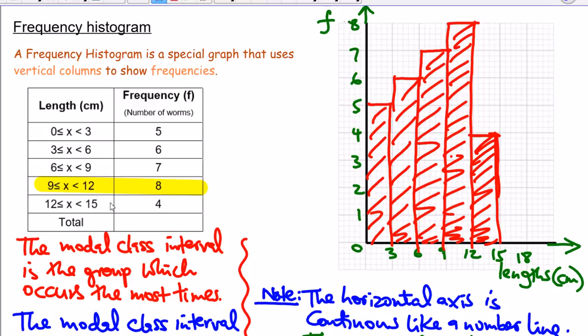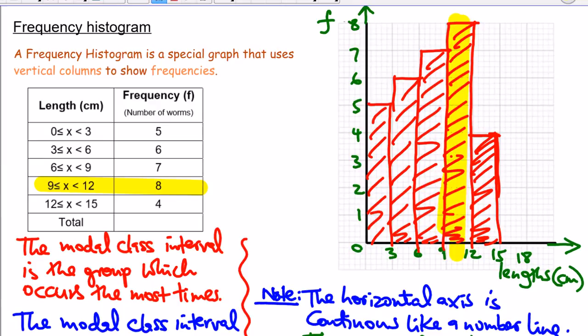And also you can see the modal class from the frequency histogram. Basically, it's the class interval that forms the tallest column, this one here.